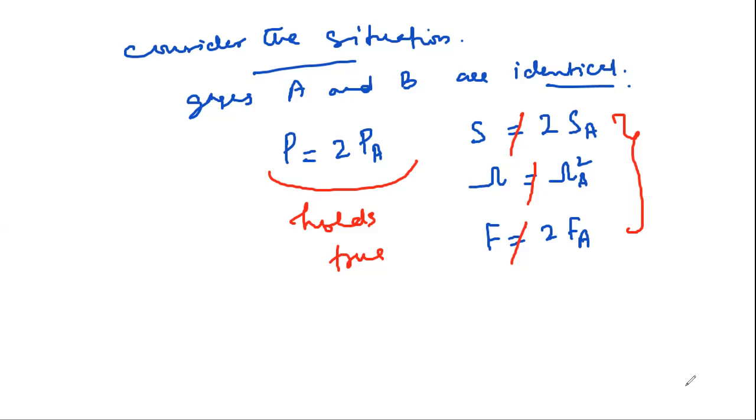So this paradox was ultimately based on what? It was based on the problem of indistinguishability. When gases are different, they are distinguishable. One gas is distinguishable from the other gas because they are different gases. But when they are identical, they are indistinguishable.